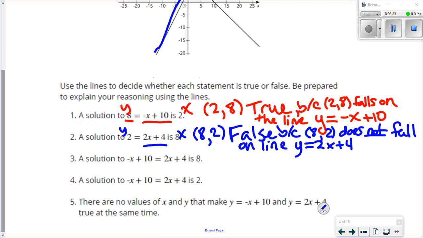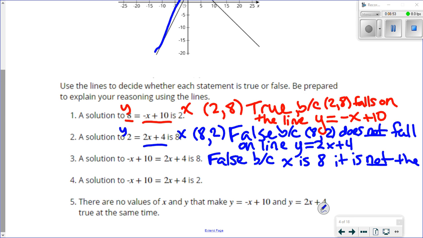So here I'd have to say false, because when x is 8, it is not the point of intersection. And it needs to be the point of intersection in order to be a solution to this equation or to this system of equations.